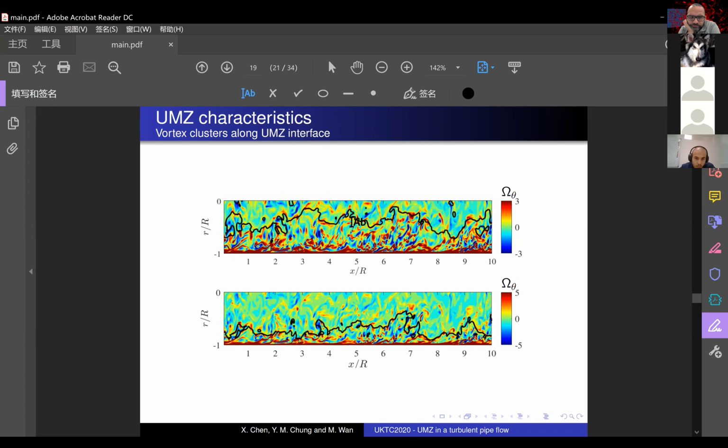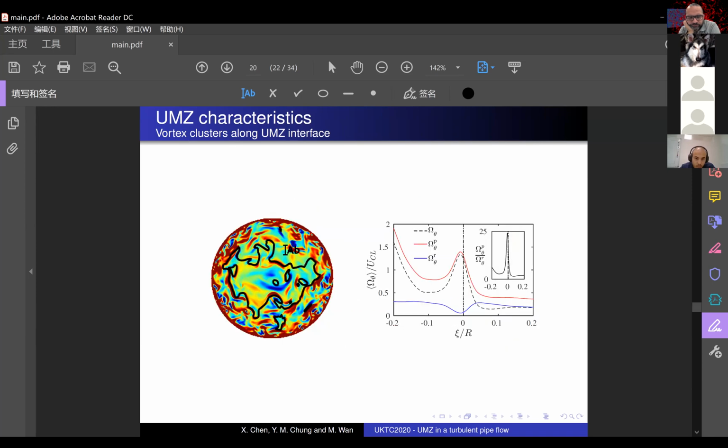Looking at the clustered vortices along the interface, it looks like the interface is persistently threading through the vortical structures. In the azimuthal direction, the vortices are elongated and distorted in the cross-stream plane, and we can see that the interface contorts to follow the vortex distortion.